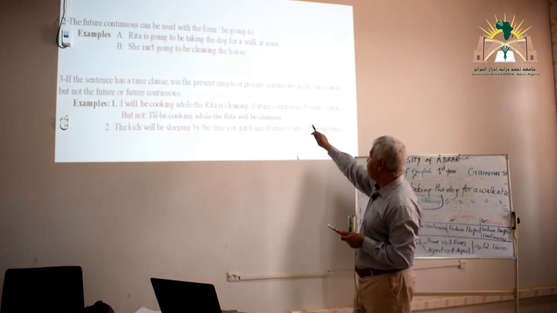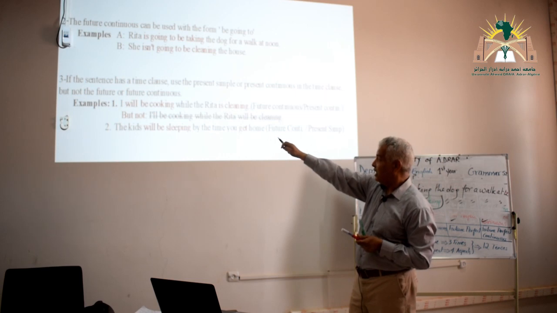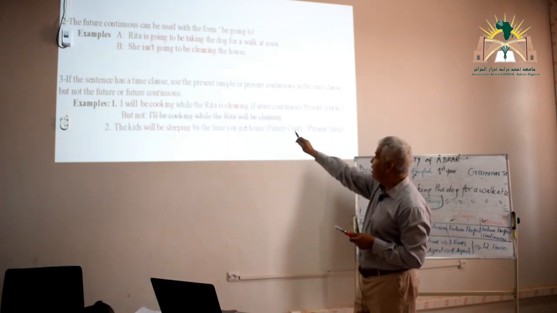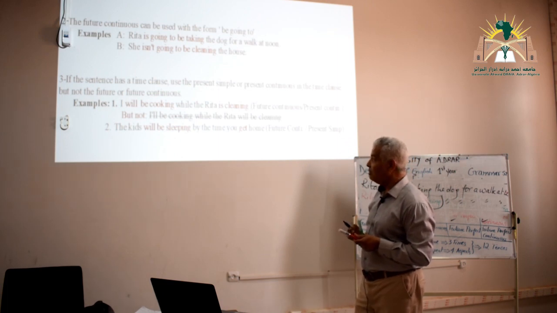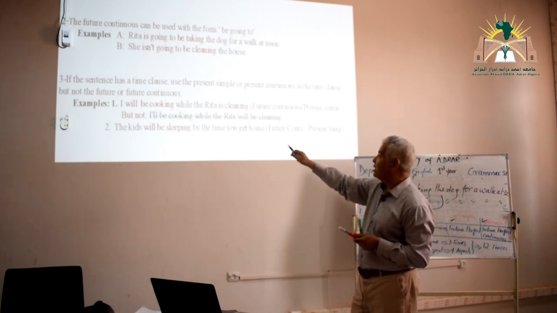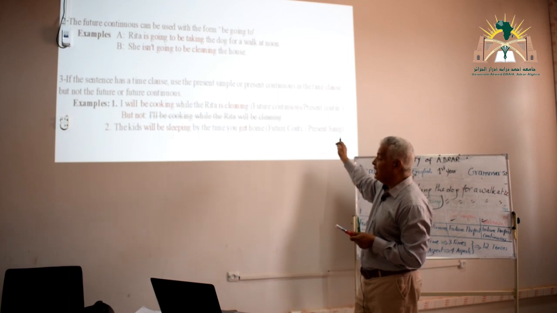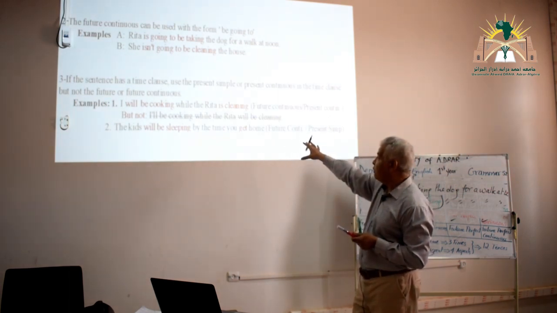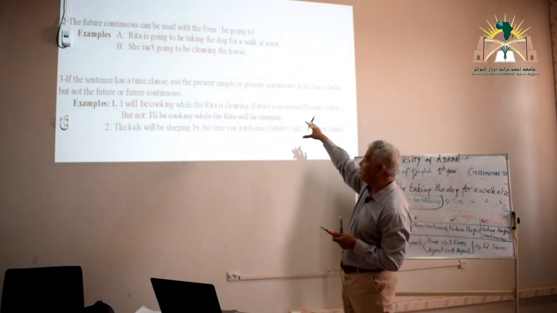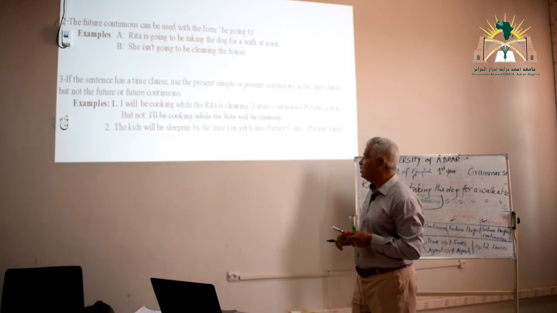We have here future continuous, will be cooking, and Rita is cleaning, present continuous. All right, we don't say, I will be cooking while Rita will be cleaning. Only present simple or present continuous in the time clause, the time clause that comes after the time expression while.